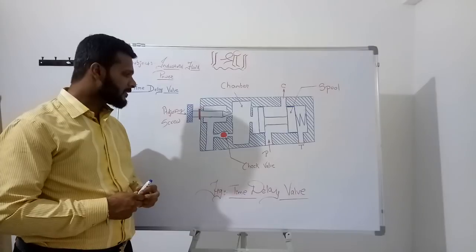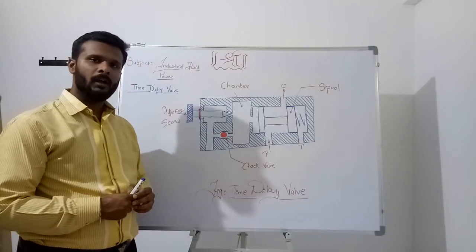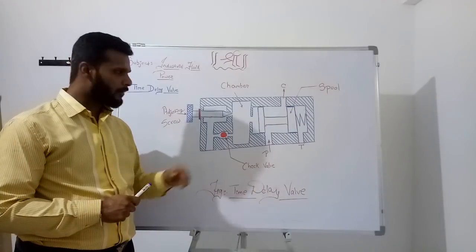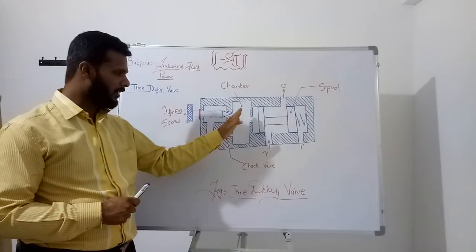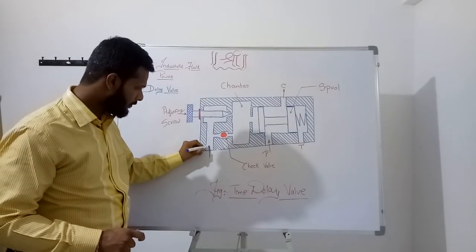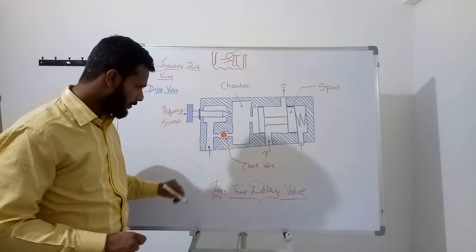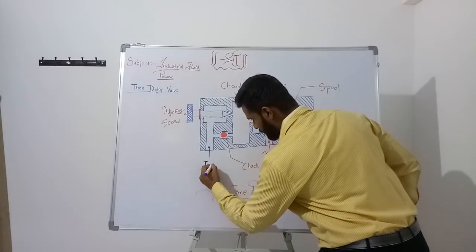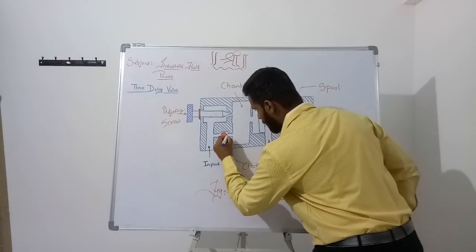Next, it has a check valve in order to avoid the flow of hydraulic oil or pneumatic air returning to the inward line. This is the input line here, and this check valve has a spring.